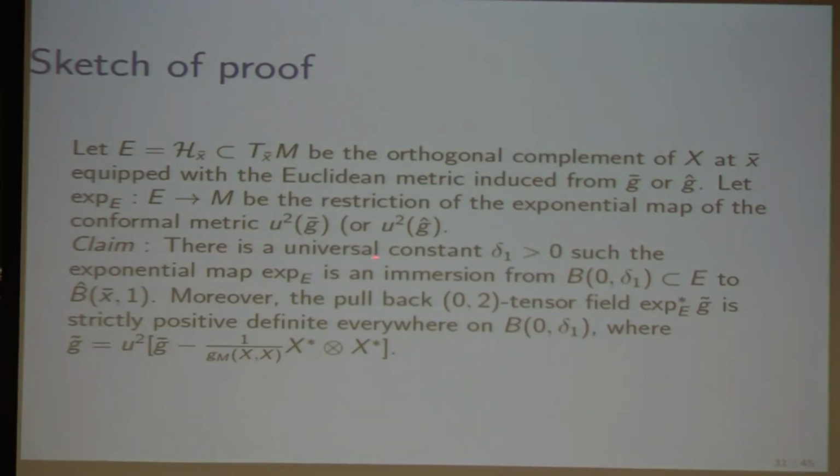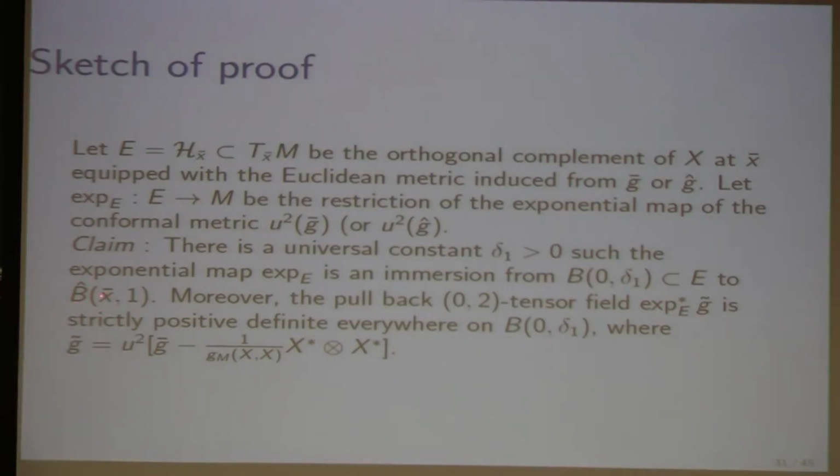We claim that there is a universal constant delta 1, so that this exponential map is an immersion from some ball of radius delta 1. The delta 1 is truly universal, into B hat.